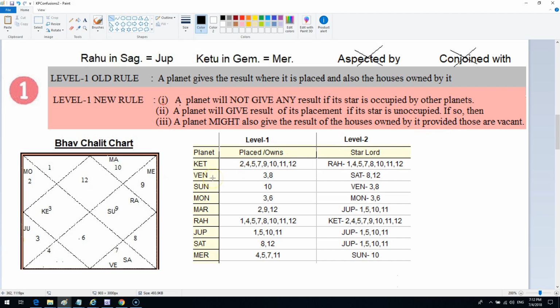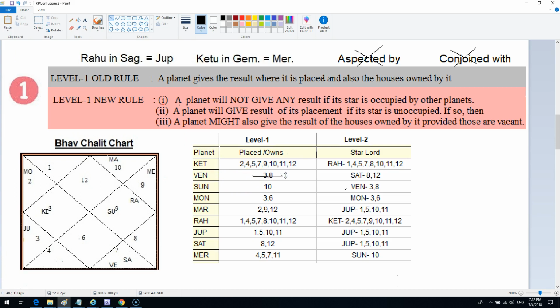So let's look at Venus. Is Venus's star occupied by another planet? Let's look at the star lord column, and we find that the Sun is deposited in the star of Venus. So applying this particular rule, we say that Venus will not give any result.